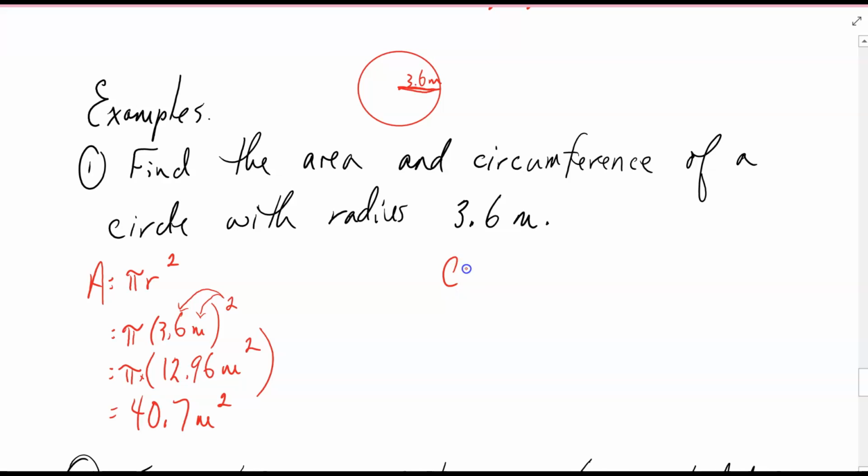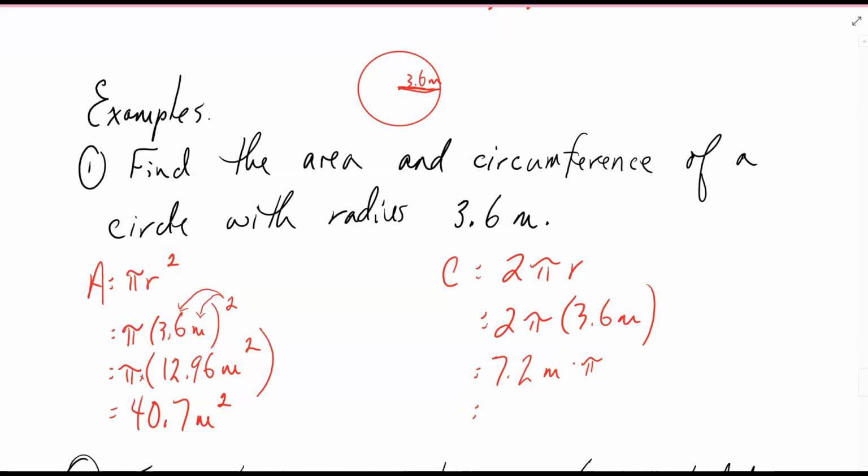The circumference is 2 pi r, which is 2 times pi times 3.6 meters. If you like, you can multiply the 2 by the 3.6. That gets you 7.2 meters times pi.